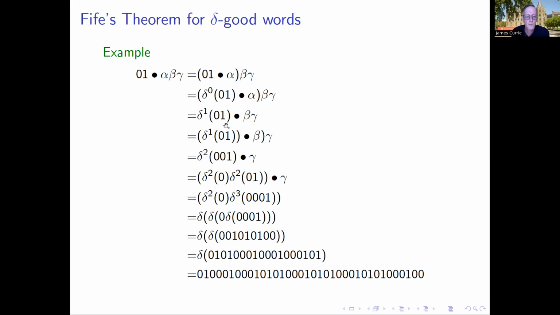So that gets replaced by delta squared of 0, 0, 1. That's the application of beta. And then we apply gamma. Now here, this looks like delta squared of 0 followed by delta squared of 0, 1. So gamma operates on this delta squared of 0, 1 and replaces it by delta cubed of 0, 0, 0, 1. And we grow words.